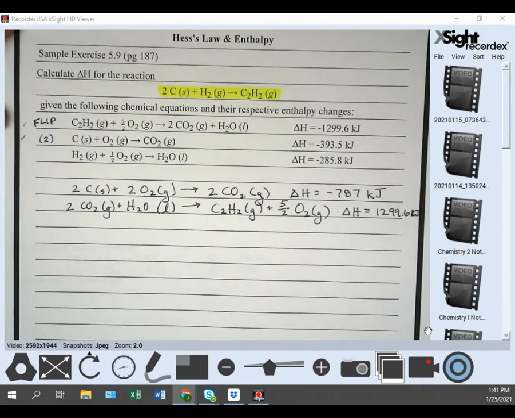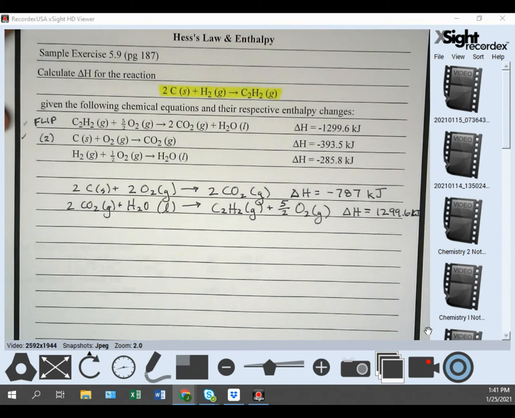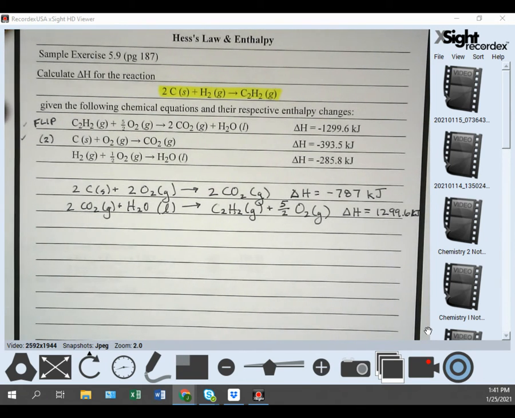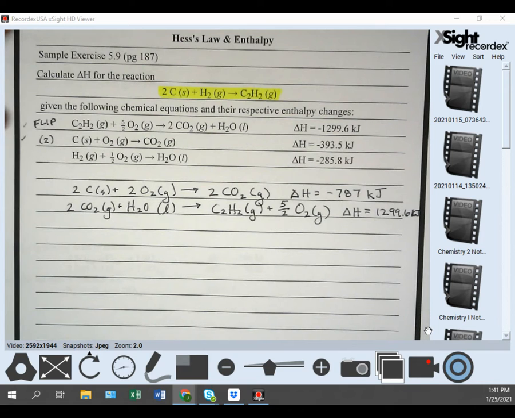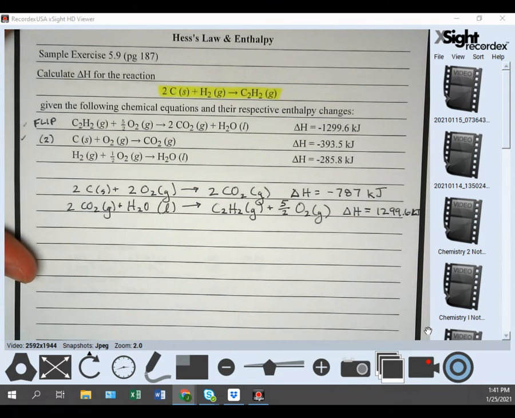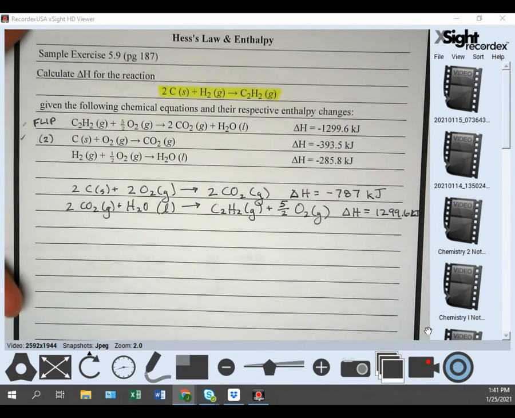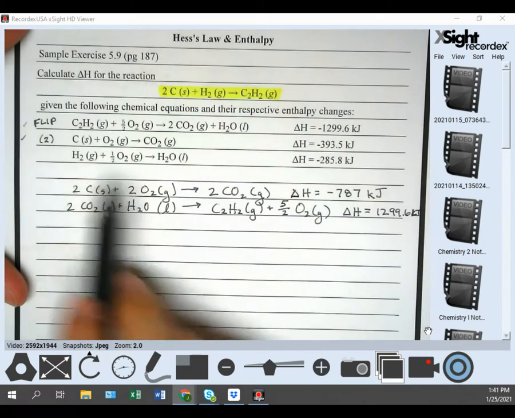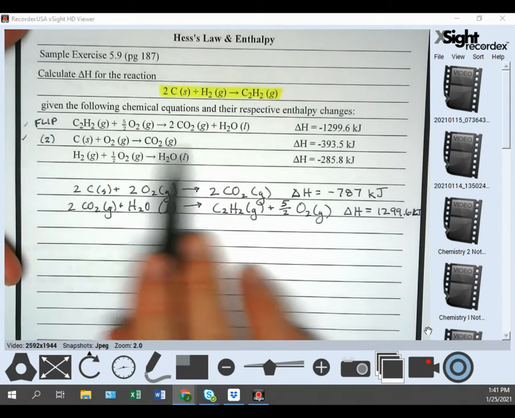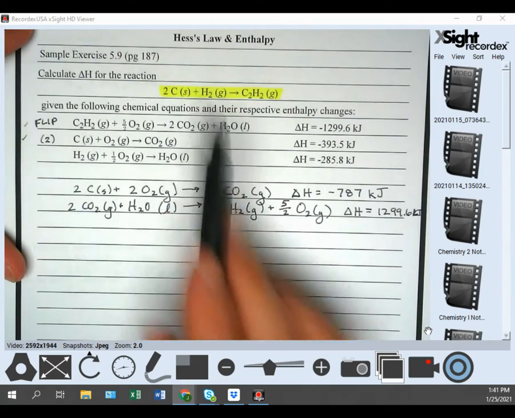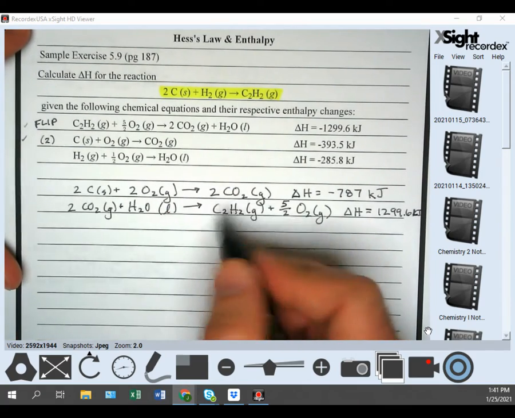Now, what about the third one? Okay, so do we need to do anything to the third one? No. The hydrogen gas, right? It's not in any of the other two. We just need one of them. So this one we're just going to leave the exact same way it is.